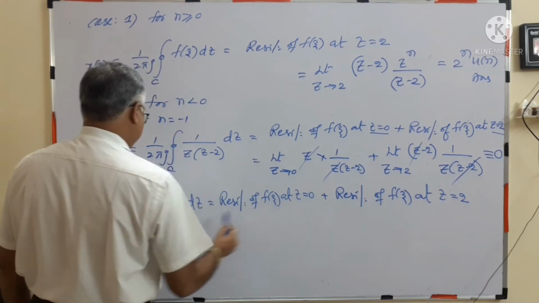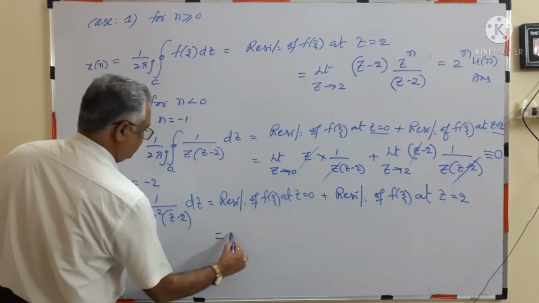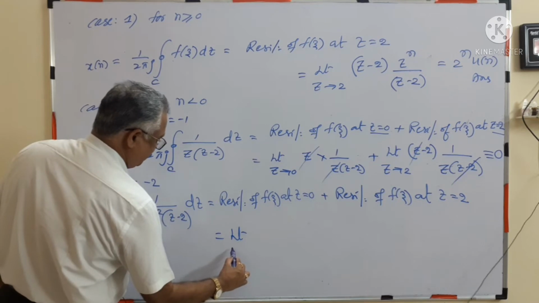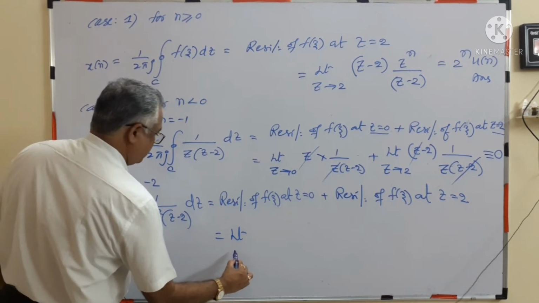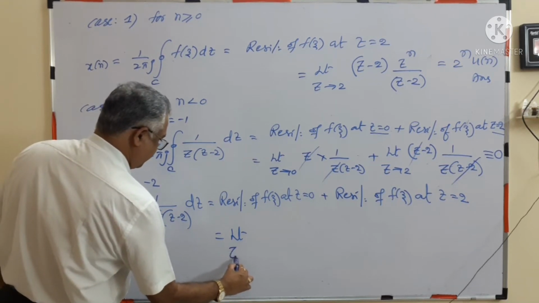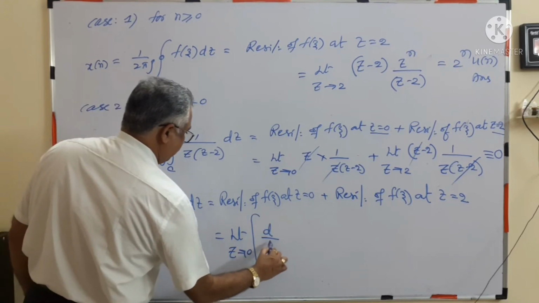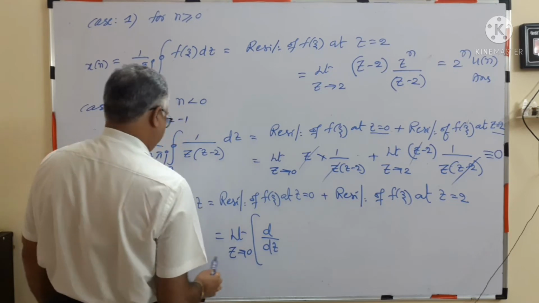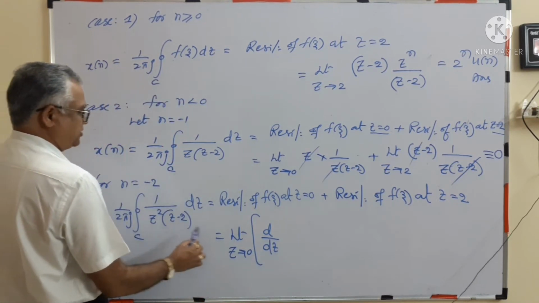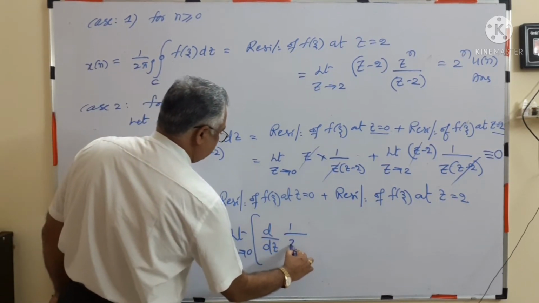But here at z equal to 0, multiple poles are there. So here the formula is different. Limit z tends to 0, d by dz of, this z square will cancel, you get 1 by z minus 2.